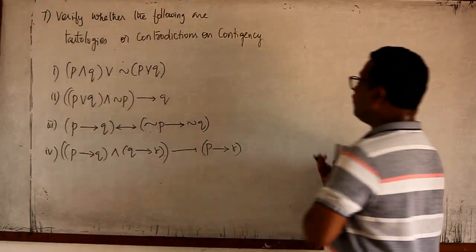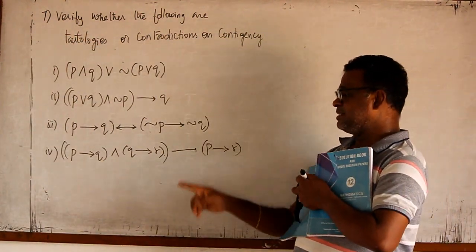So 2 sets means only 4 elements, whereas 3 sets means 8 elements.